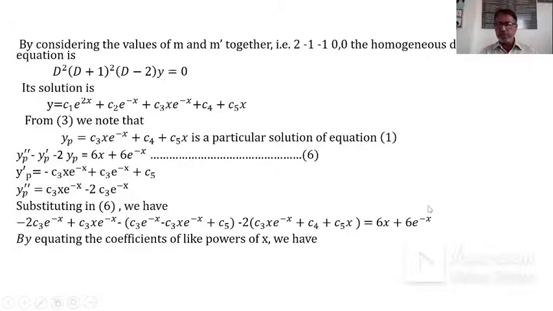Minus 3 times c3 is equal to 6. This is the first we obtain. Now the second, collect the coefficient of x e to the power minus x. Here it is c3, and minus minus plus c3 means 2c3, here minus 2c3. It becomes 0: plus 2c3 minus 2c3 is equal to 0.